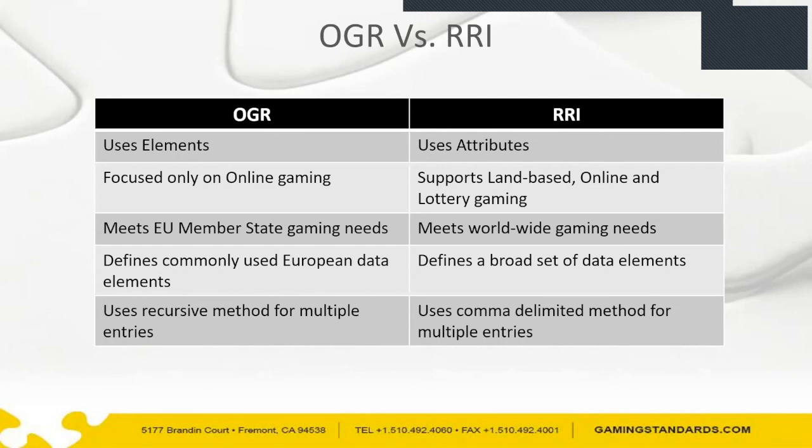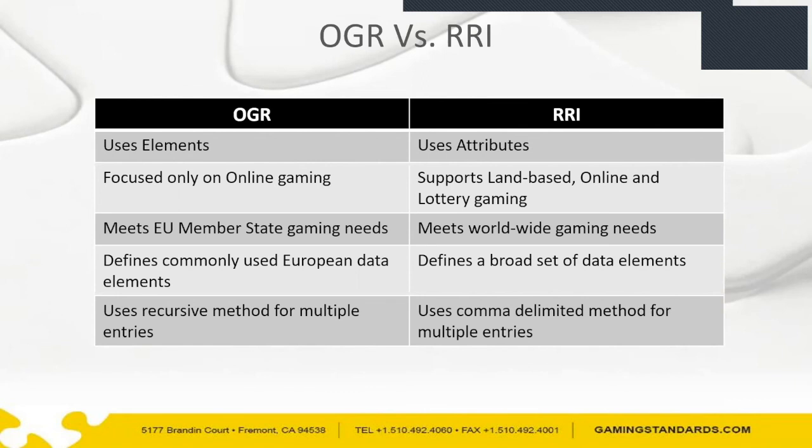So if those European countries want to use those data elements that only they use, then they can add them to the specification. They can create their own namespace for the specific report that uses those data elements, and they're good to go, and they're still within the confines of the standard. Obviously, RRI defines a very, very broad set of data elements.